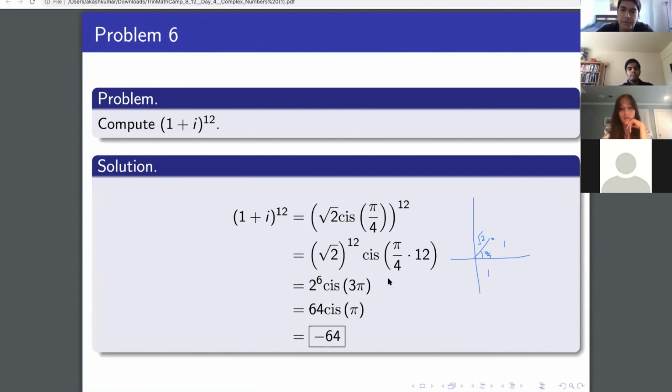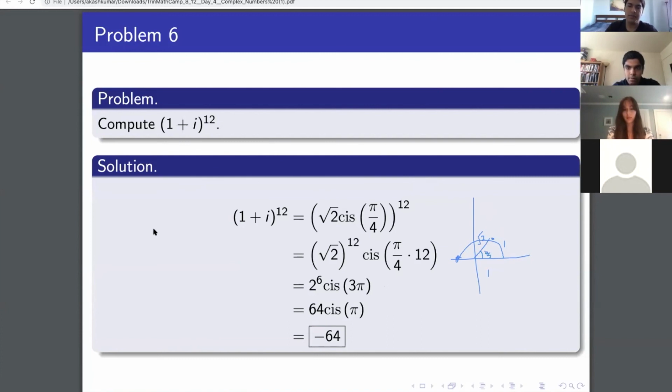And pi over 4 times 12 is 3 pi. Then we can subtract off 2 pi because that's just 360 degrees. So we get pi, which is the same thing as 180 degrees, by the way, if you don't know radians. 180 degrees is, of course, here. So that's -1. So this is really 64 times -1, which is -64.